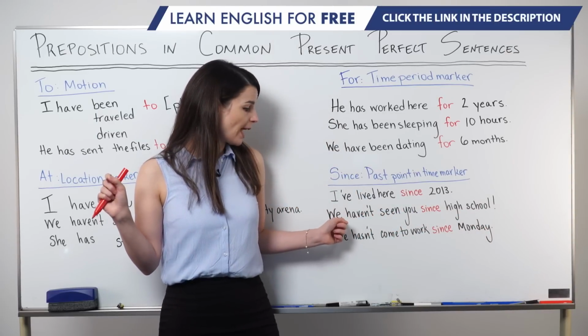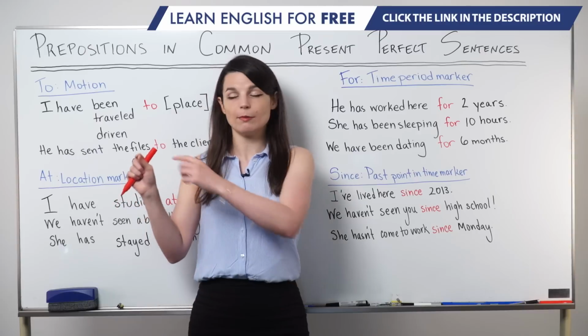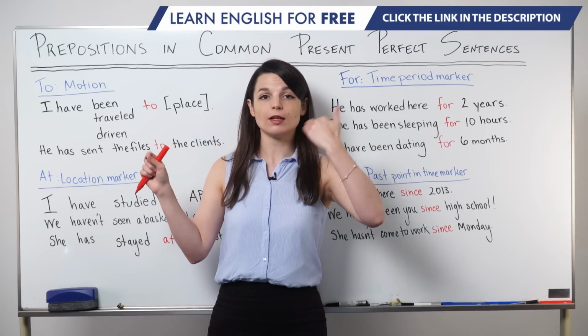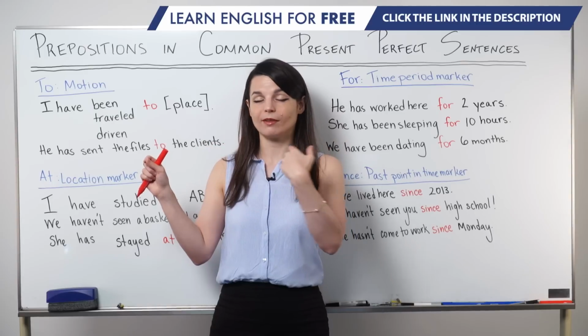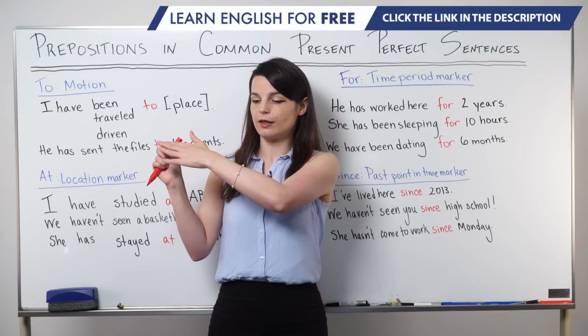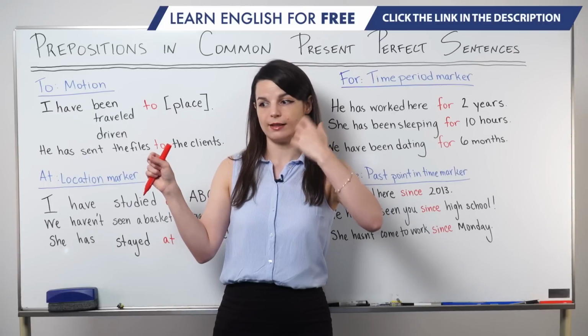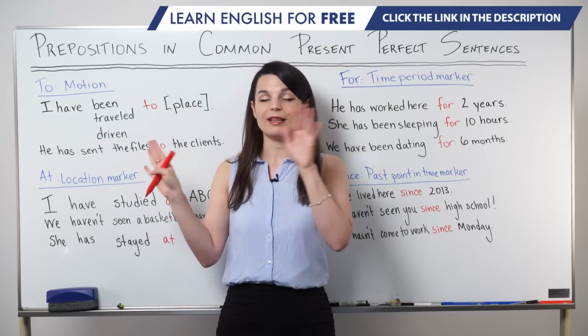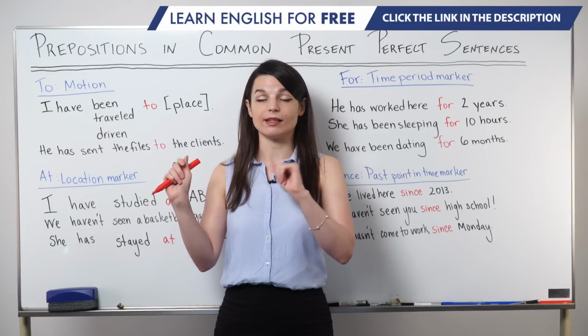And the action, we haven't seen you. So that means from high school until this conversation, the speakers did not see the listener in this period of time. So high school is the starting point, the conversation is the ending point, and they want to express in this period, they did not meet, they did not see each other.